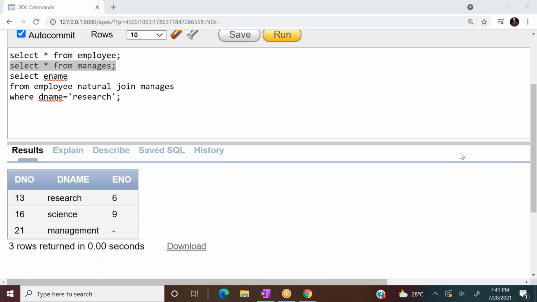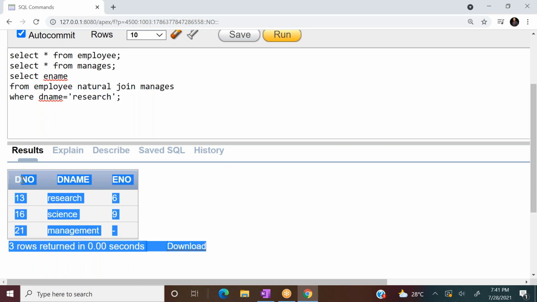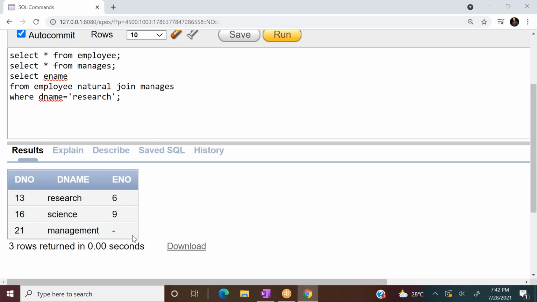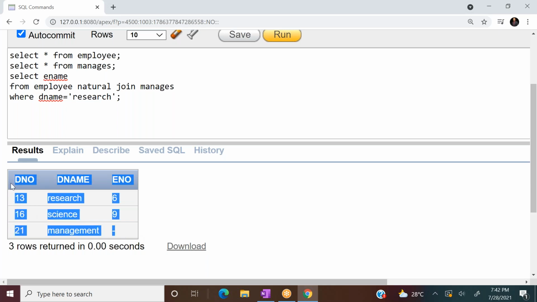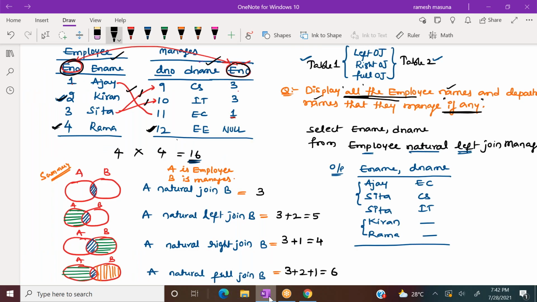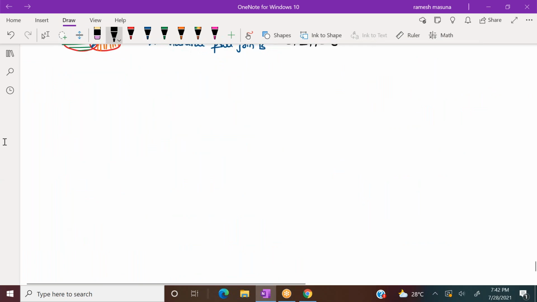Now, if I wanted to write a similar query, sir, can we display both tables at a time? Vamshi, displaying both tables at a time is not possible, so I couldn't do that. Otherwise, I could definitely do that. Just let me check whether it is possible to copy this table onto OneNote. If it is possible, then I can explain by showing this.